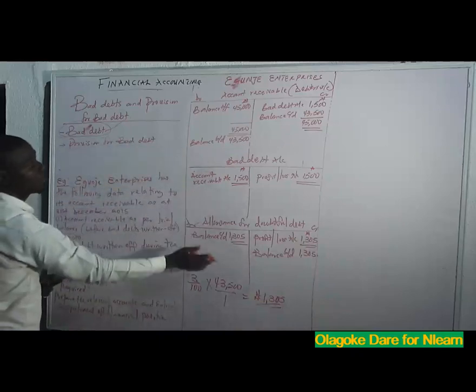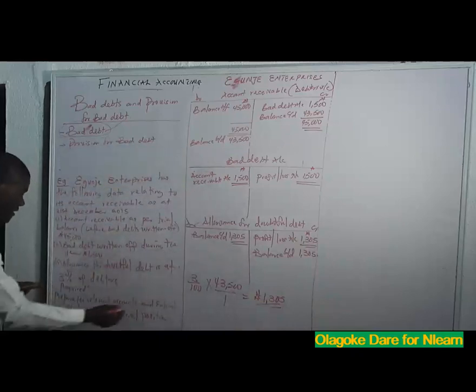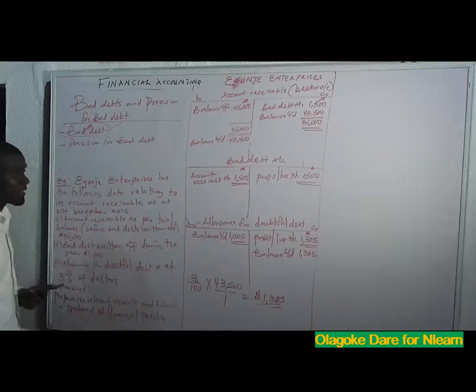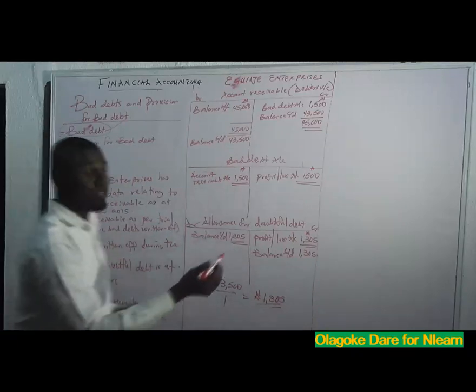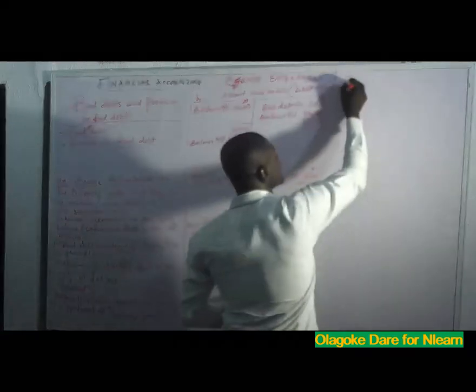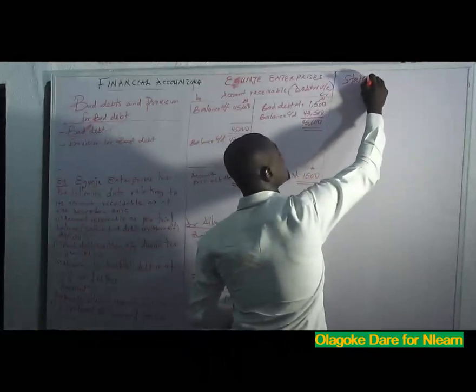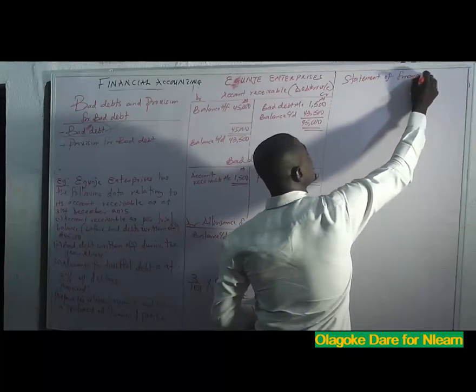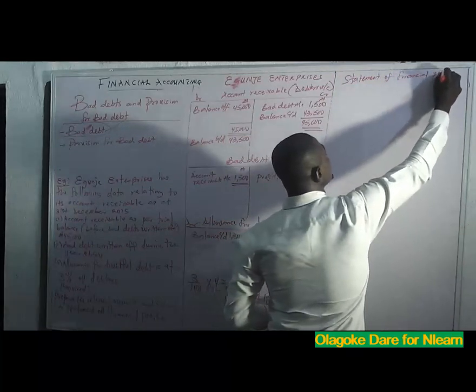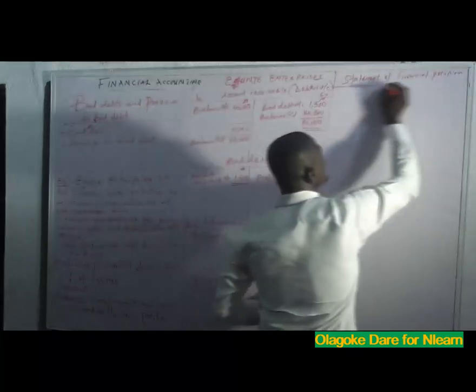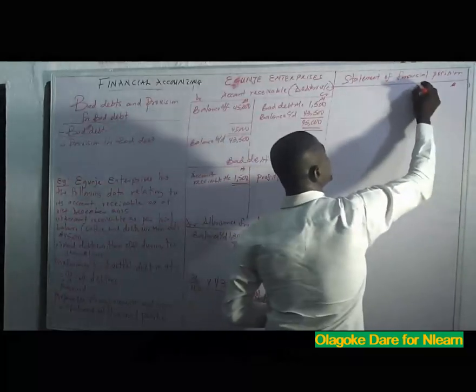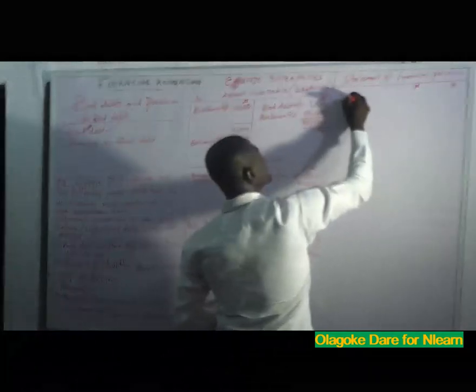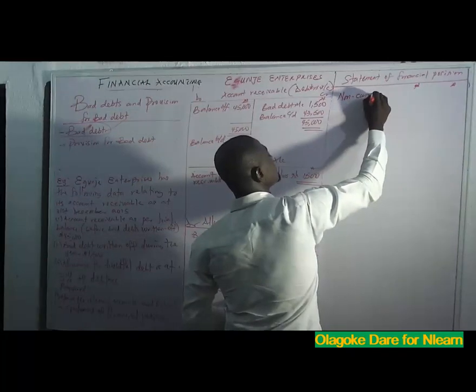Then extract a statement of financial position. Alright, let's show a statement of financial position. How will it be? Don't forget, we don't have non-current assets.